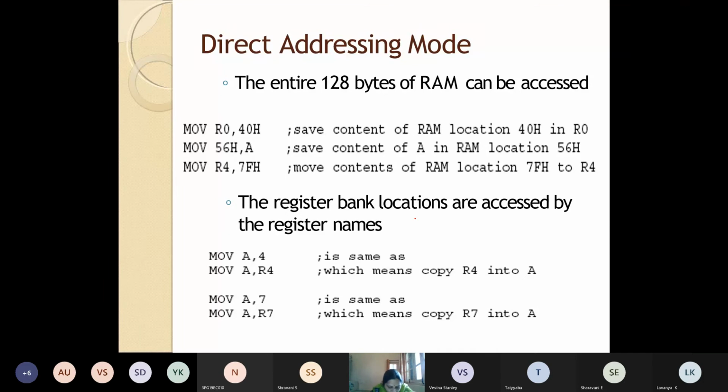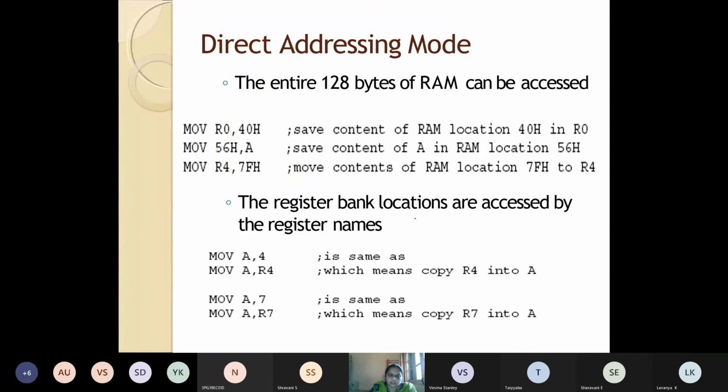So already you know that. And 20 to 2F is the bit address area. 30 to 7F can be accessed using direct addressing, so the general purpose memory area you can directly access.